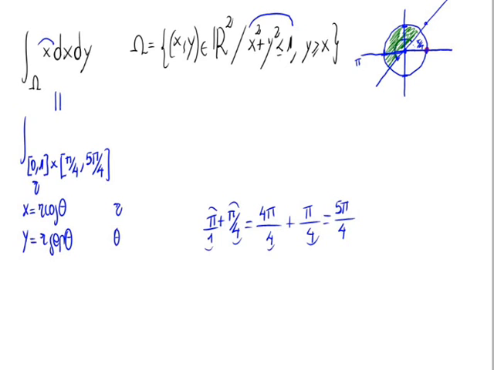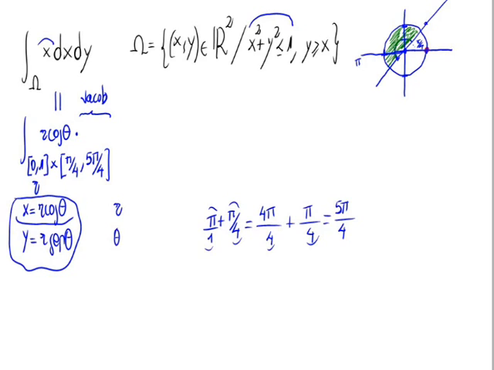Now let's change the function x, that is x is equal to the radius times the cosine of theta, and now we have to multiply it by the Jacobian of the transformation into polar coordinates.